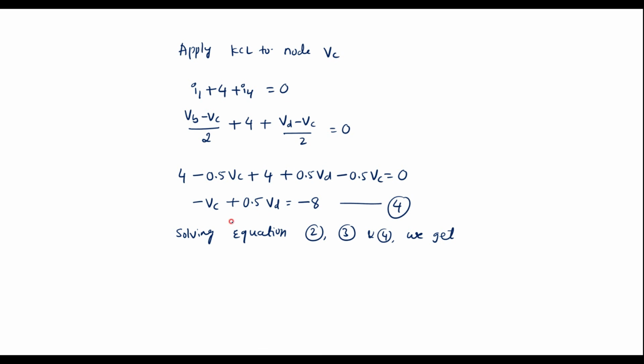Here the variables are Va, Vc and Vd, since Vb is known. Directly feed the values in the calculator and we will get the results: Va is equal to 9.14 volt. Anyhow Vb is 8 volt. Vc will be equal to minus 1.14 volt, and we have Vd is equal to minus 18.28 volts.